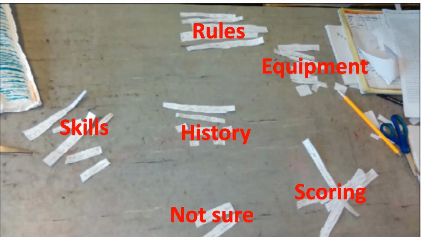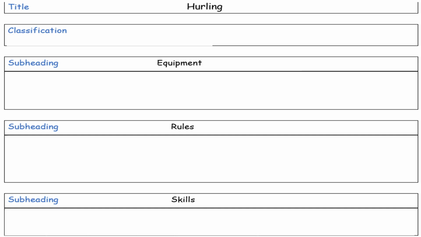We took our time sorting the facts into groups where they belong together and came up with 5 topics: rules, history, scoring, equipment, and skills. Because this is the short version, we're going to focus just on equipment, rules, and skills, so they will be our 3 subheadings. We will mention the scoring in the rules paragraph.